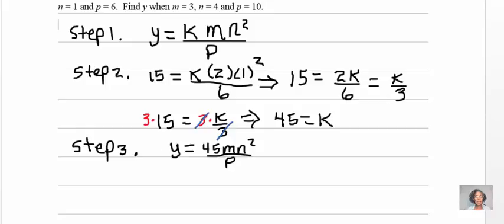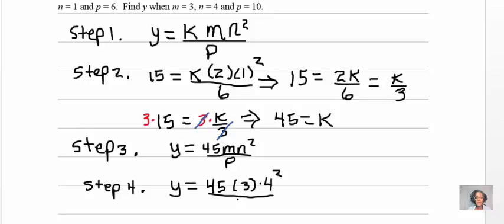And now, in my fourth and final step, I can find y when m is 3, n is 4, and p is 10. So notice my k was 45, so I just fill that in. That k is fixed. It's a constant. It doesn't change.